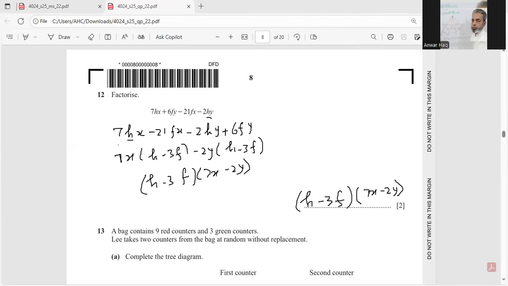So 3 threes are 9, 3 fours are 12, 4 twos are 8. So your answer will be 6 over 11. That's it for this question. Now for the next question.